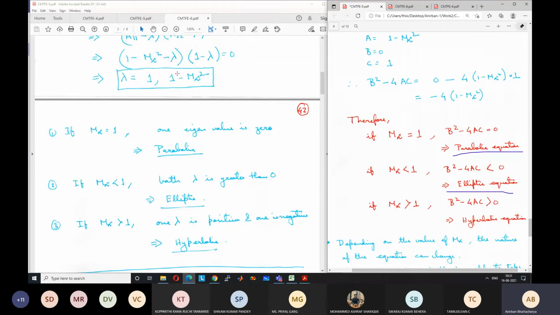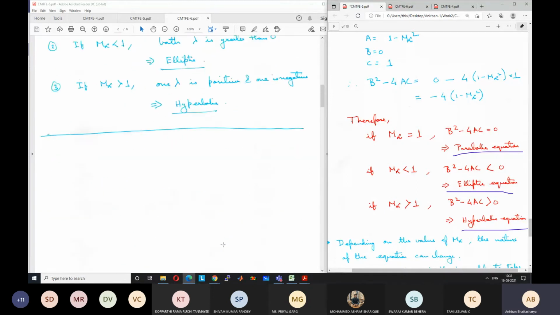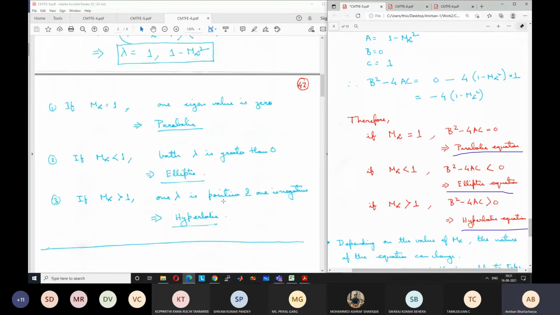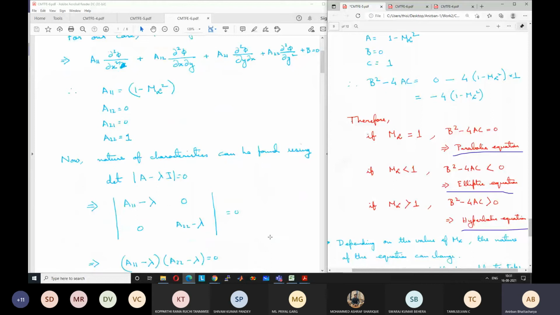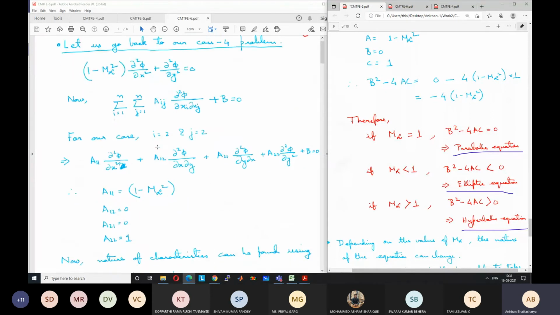So we have eigenvalues of the opposite sign. So this should be hyperbolic according to our generalized formulation, and we have already seen this to be hyperbolic. So we are seeing the same thing again, but using this generalized formulation.